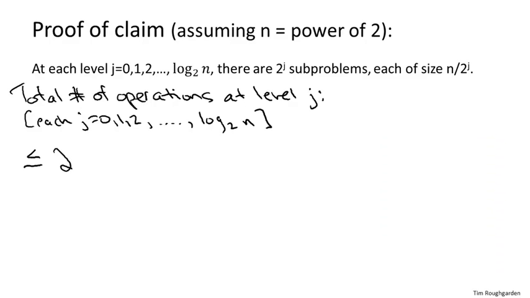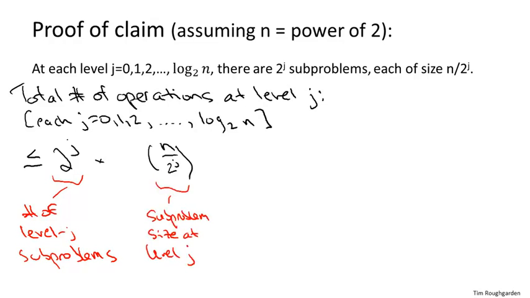All right, so we start with the number of different subproblems at level j, and we noticed that was at most 2 to the j. We also observed that each level j subproblem is passed an array as input, which has length n over 2 to the j. And we know that the merge subroutine, when given an array of size n over 2 to the j, will execute at most 6 times that many lines of code.